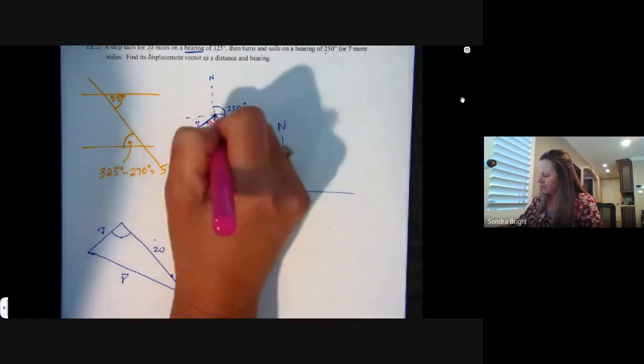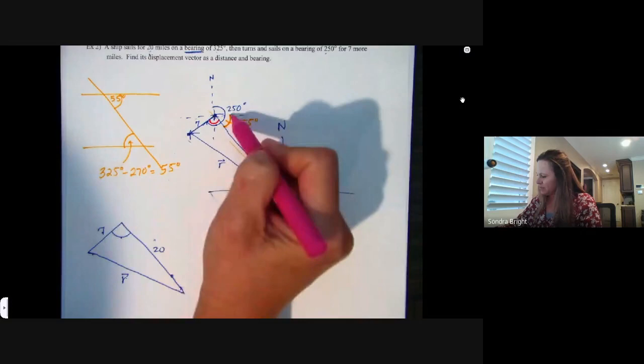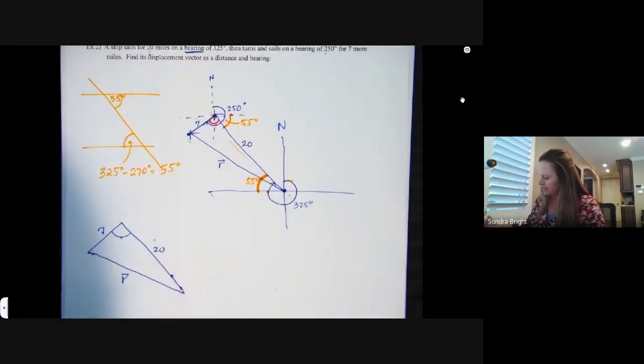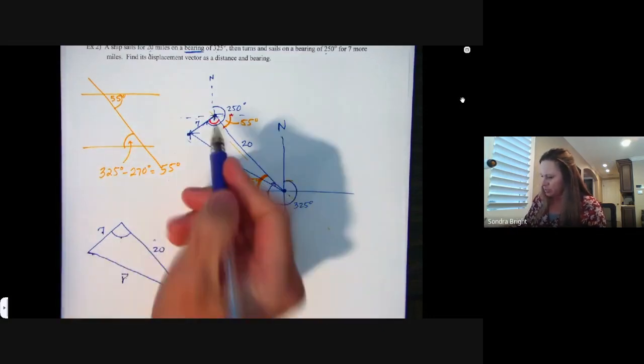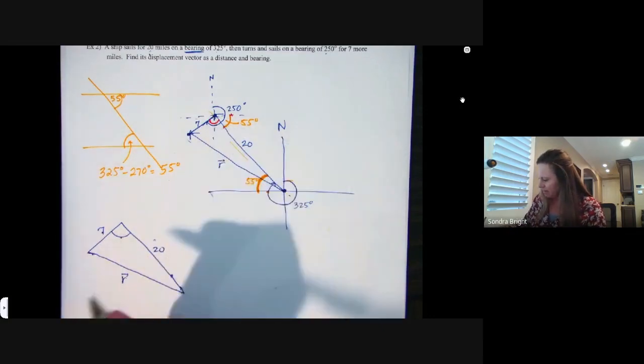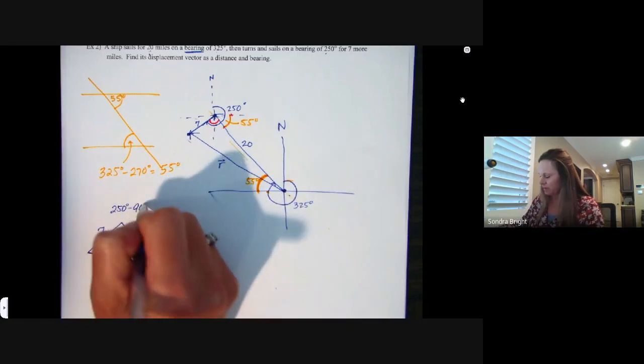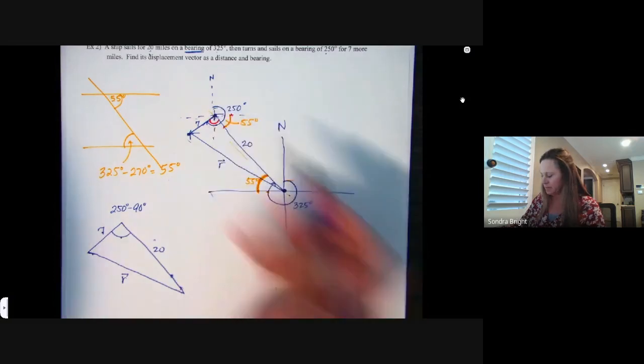Well, I know that's 55, and I also know this guy is 90. So to find this angle here, this pink one, I would do 250 minus the 90-degree angle, which was from the north to the east, right?